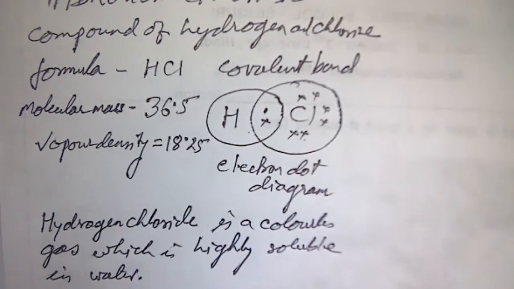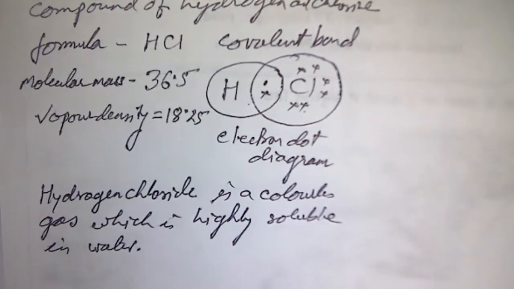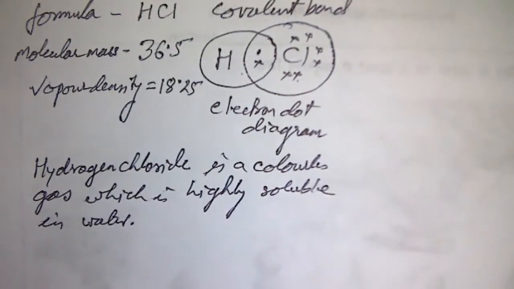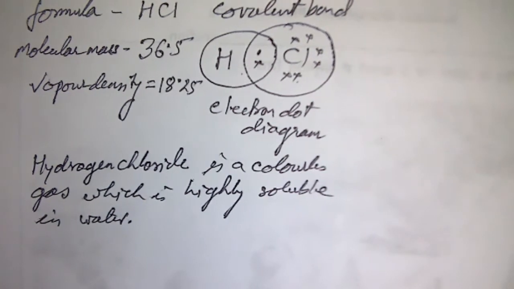So if I take hydrogen chloride, it easily dissolves in water, isn't it? And since it is dissolving in water easily, what will happen? We'll get a solution. That solution is called hydrochloric acid. Clear?